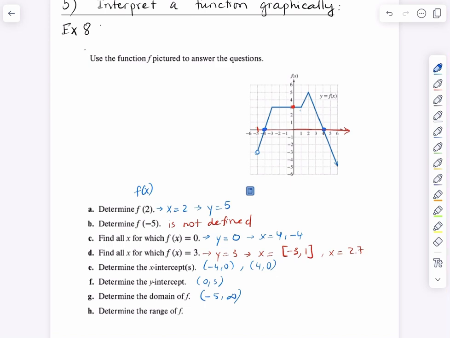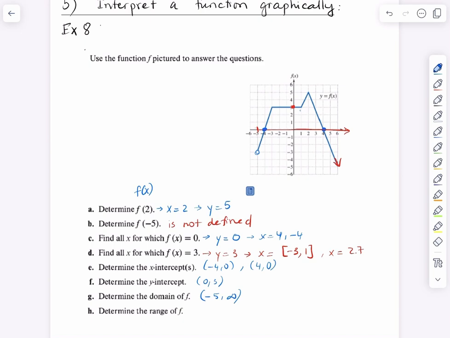Now, if the domain refers to left to right on the graph, then the range will refer to the lowest to the highest, the vertical direction this time. So looking at the graph, how low does the graph go? This arrow points down forever to -infinity in the vertical direction.